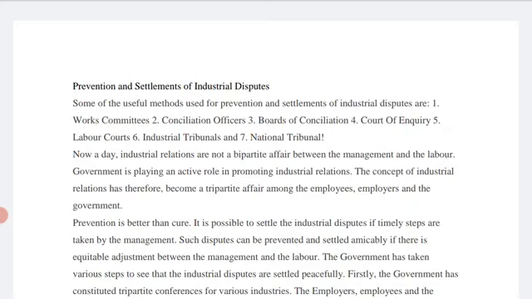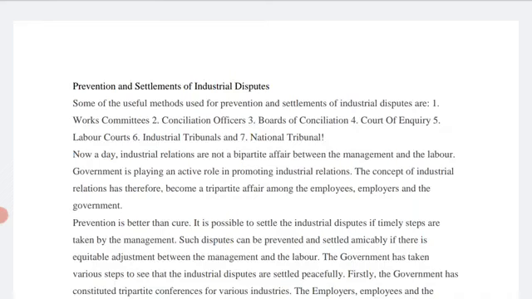We have discussed these types of industrial conflict in the last lecture. Now, prevention and settlement of industrial disputes. See, if this industrial dispute is carried for a long period of time, it is not good for the organization's survival.